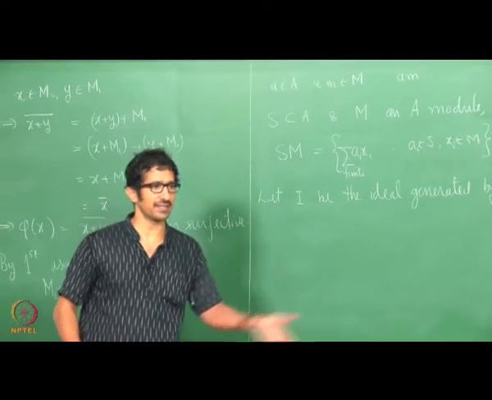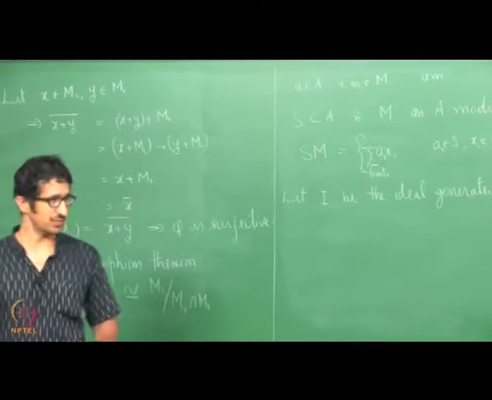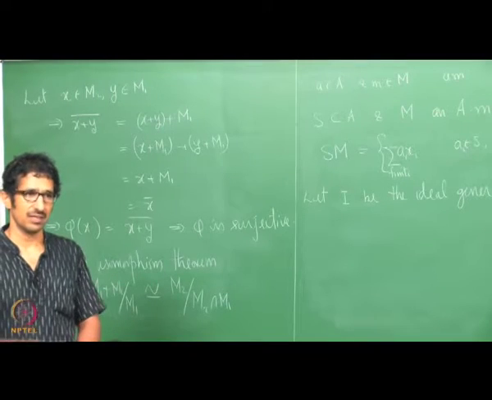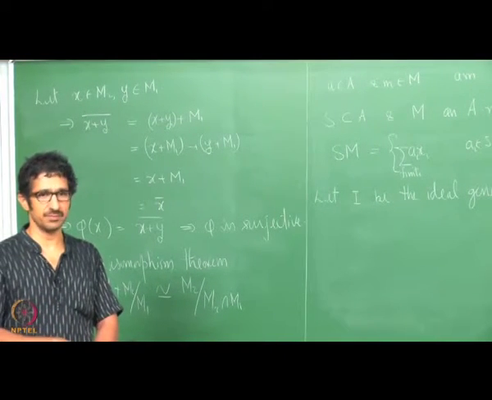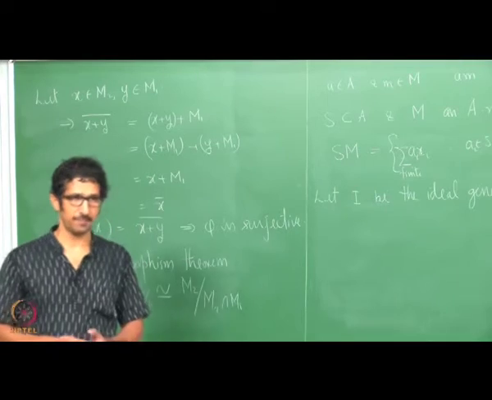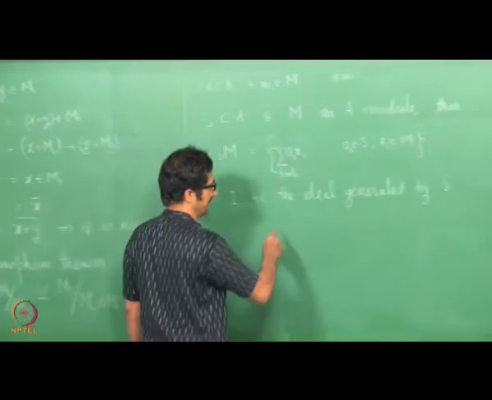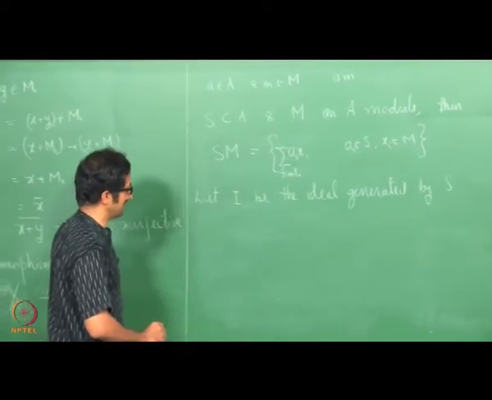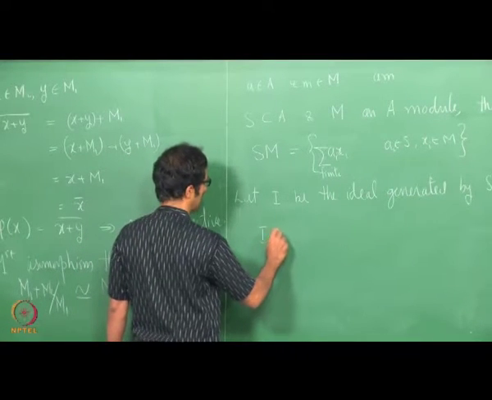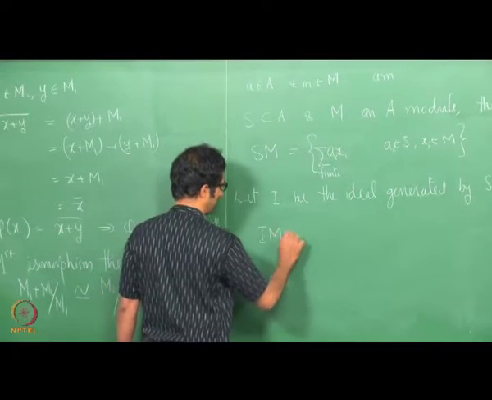I take all finite linear combinations of elements of S with scalars from the ring A. So, if I is the ideal generated by S, can you relate IM and SM?